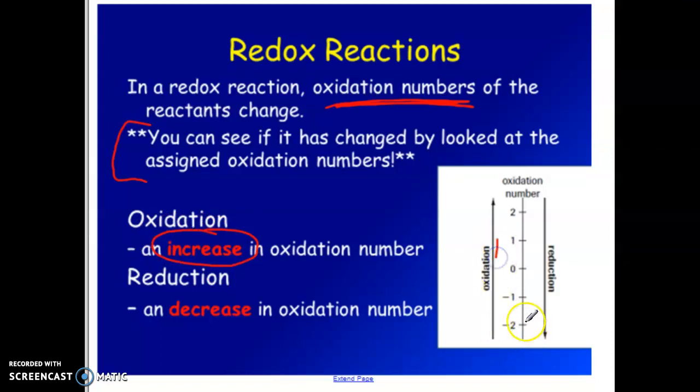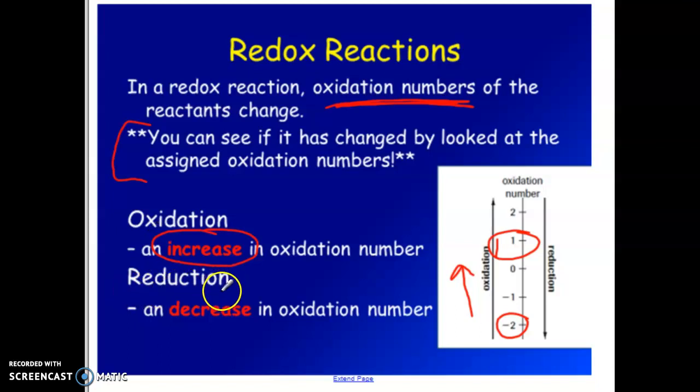So let's say you had -2 to start, and then at the end of the reaction, the element is now +1. So the oxidation number has gone up. So that process of going up in numbers is called an oxidation reaction.